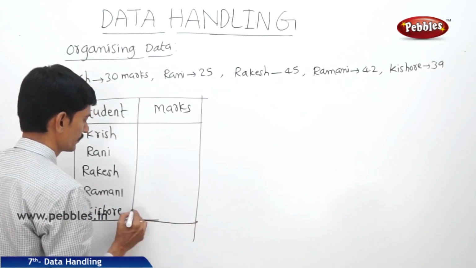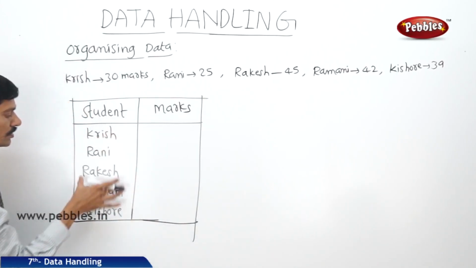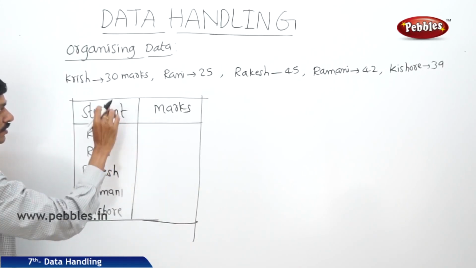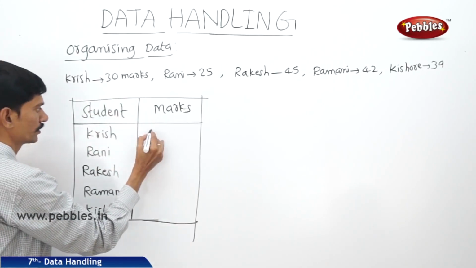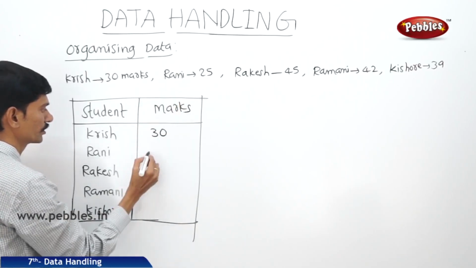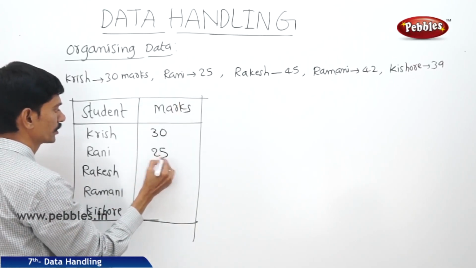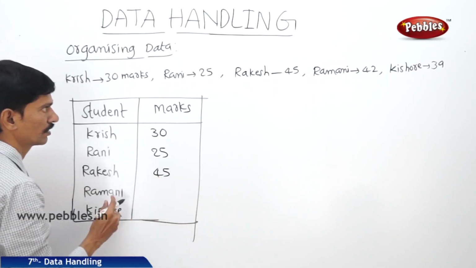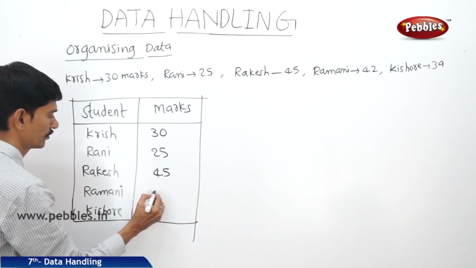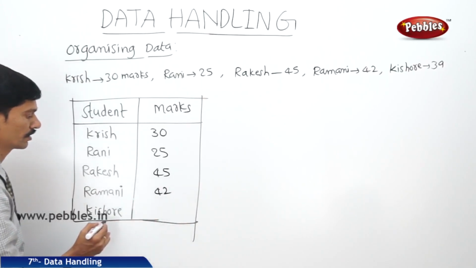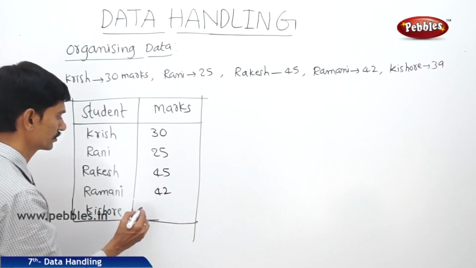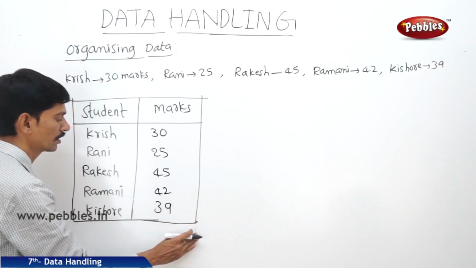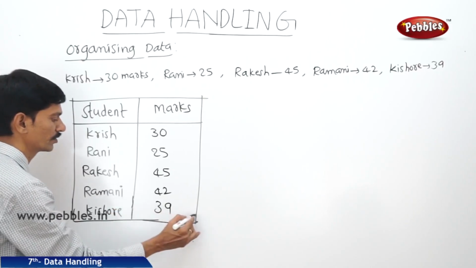So we take the different students in the first column, and we will take the marks of the students in the second column. So here Krish has got 30 marks, so we write 30, and Rani has got 25 marks, and Rakesh 45 marks, and Ramani 42 marks, and Kishore has got 39 marks. So this is the organization of data in the form of tables.